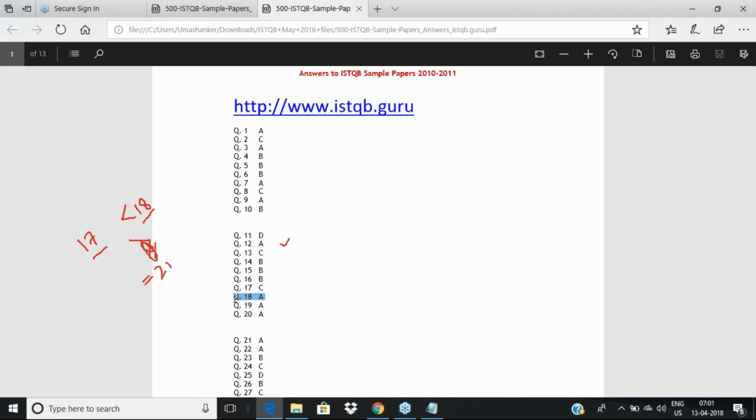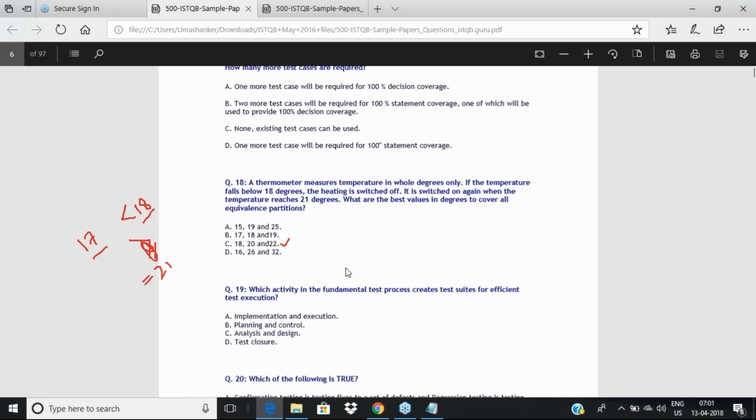Question number 18. How come A? Thermometer measures temperatures in whole degrees. If the temperature falls below 18 degrees, heating is switched on. No, A is definitely not an answer.